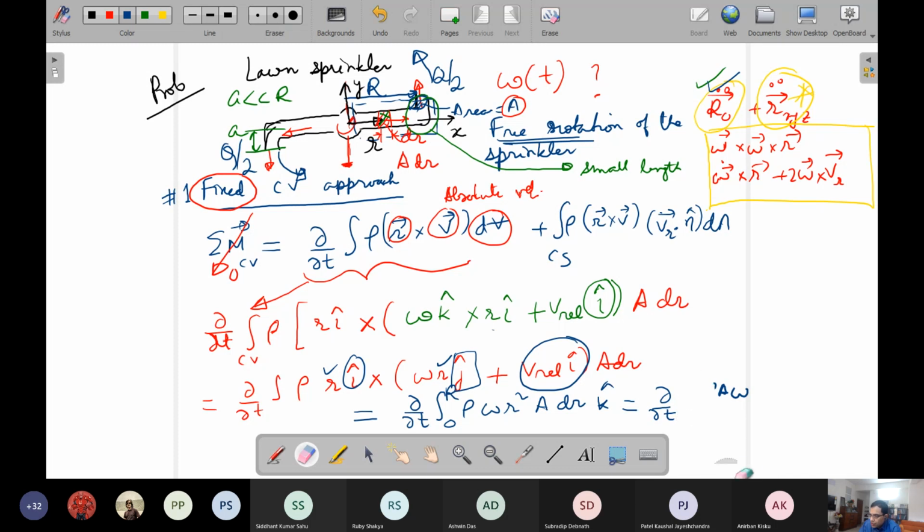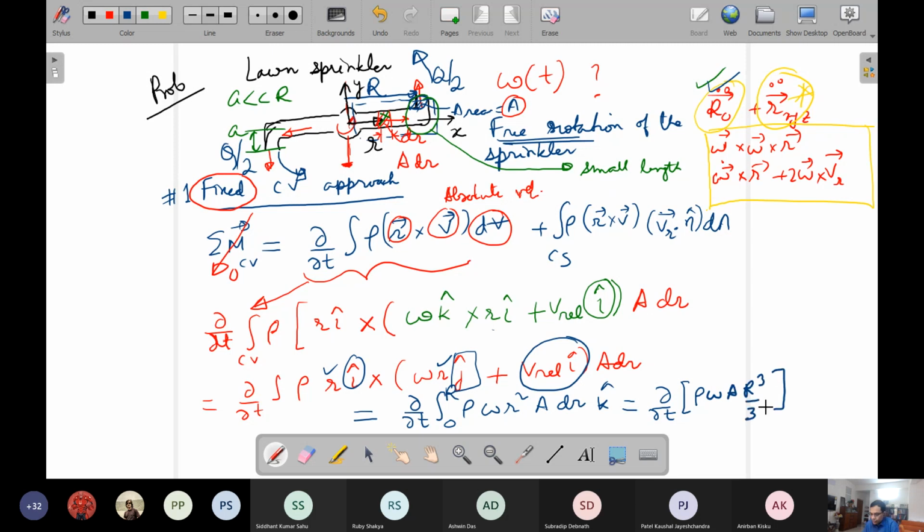So we'll erase the integral and simply write it as rho omega A R cube by 3.